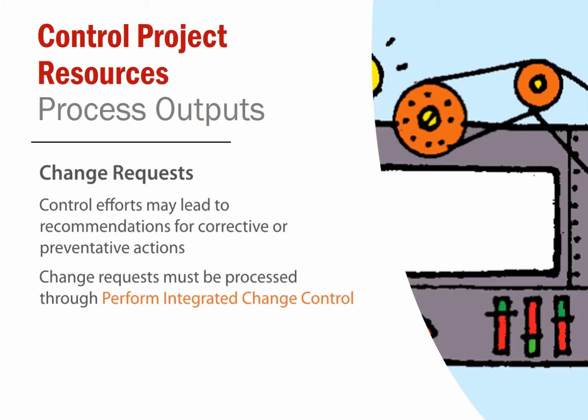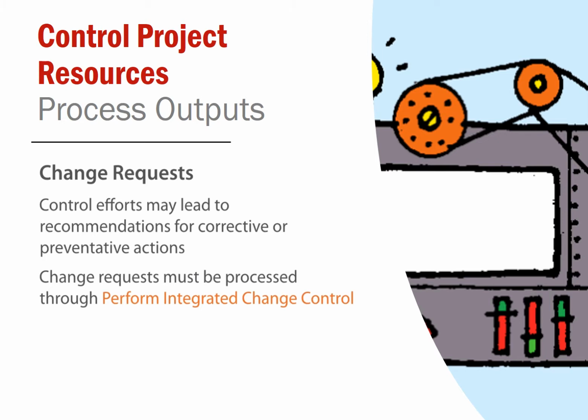Second, change request. When change requests occur as a result of carrying out the control resource process, or when recommended corrective or preventive actions impact any of the components of the project management plan or project documents, the project manager needs to submit a change request.